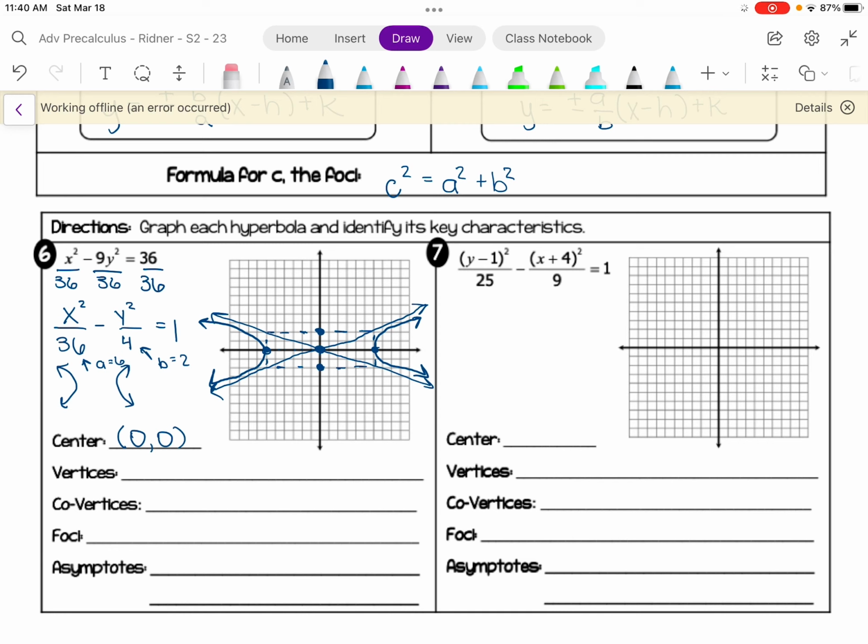So going back and looking, that puts my vertices at 6, 0, and negative 6, 0 when I counted those. Put my co-vertices at 2, 0, and negative 2. I definitely switched up my x and y. 0, 2, and 0, negative 2.